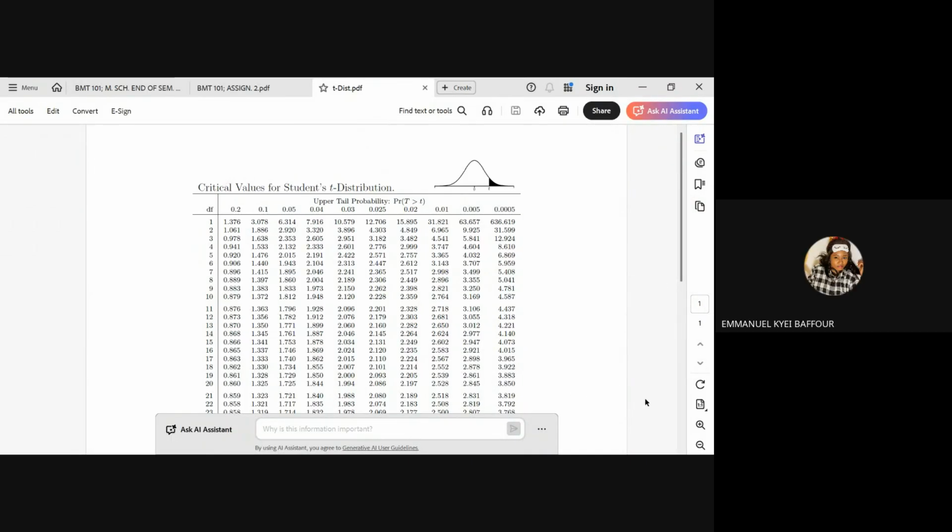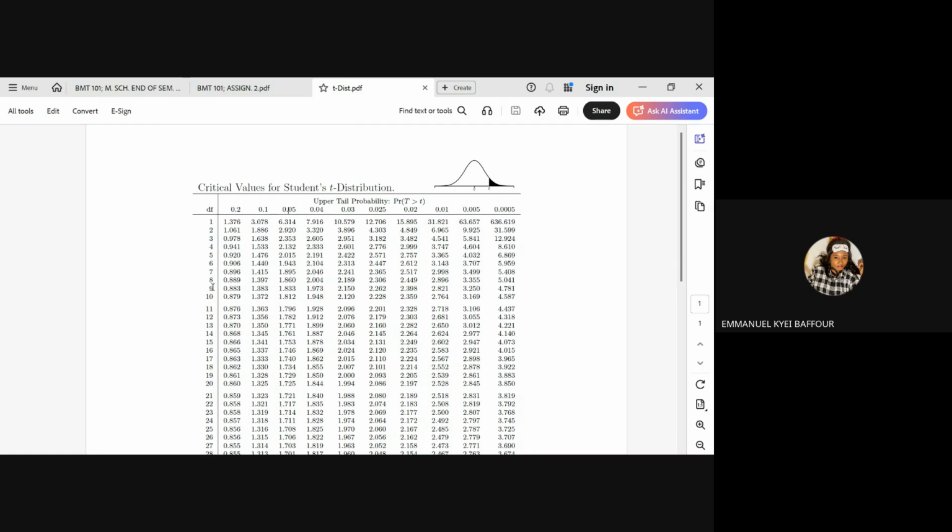So now this is how we do the calculations. The area that has been shaded will be on the column, and then the degrees of freedom will be your rows. So if you look at this row, we are having a degree of freedom of 9.